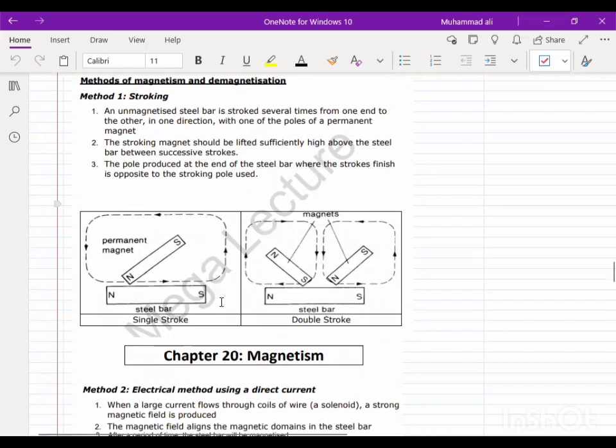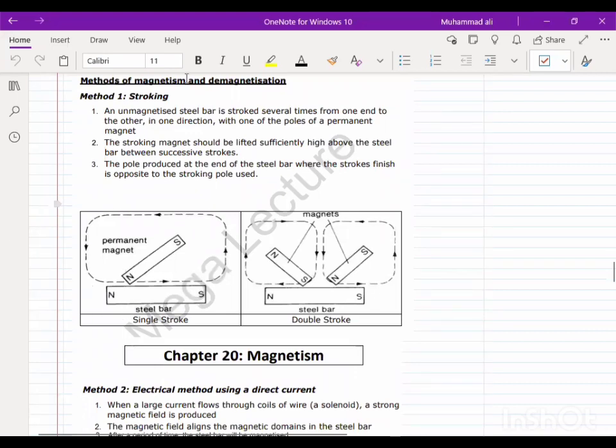I take the permanent magnet and stroke my steel bar with it, lift it up, bring it back to the starting point, stroke again, bring it back, and stroke again. If I'm stroking with the north pole, it is going to induce a north pole at my starting point.